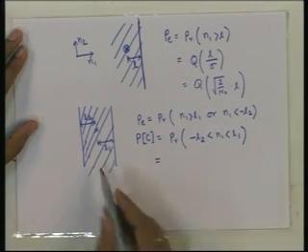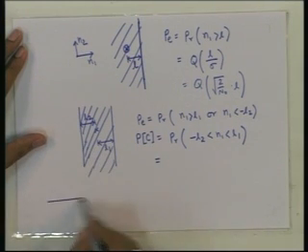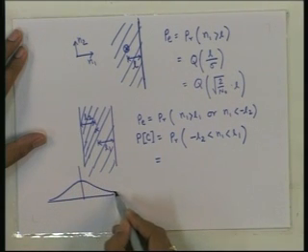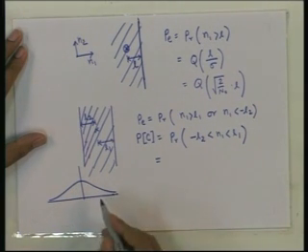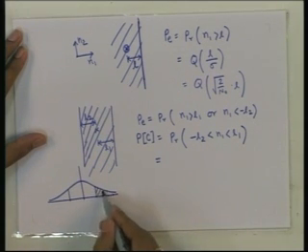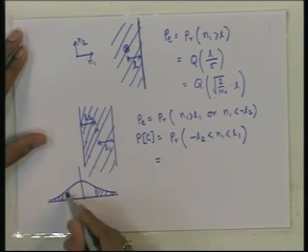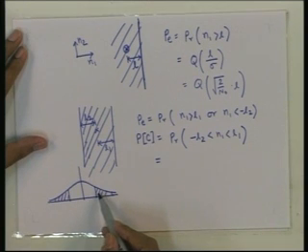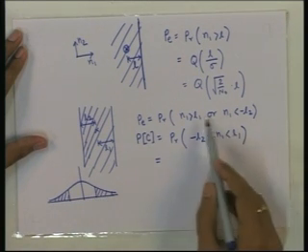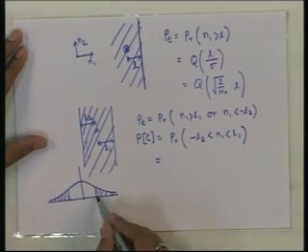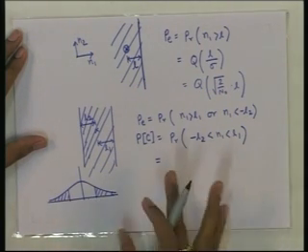This is the area under the Gaussian PDF, the sum of these areas. This is the probability that N1 will be greater than L1, and this is the probability that N1 will be less than minus L2. Of course, these points need to be computed because there will be a normalization.